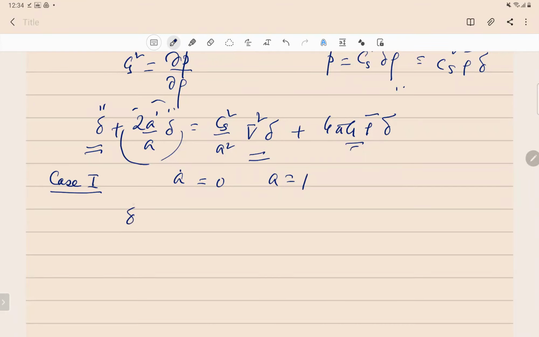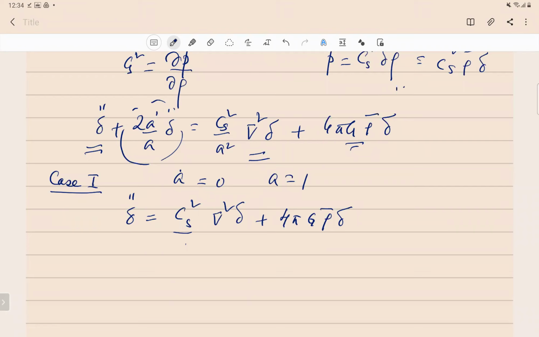Then what you have is delta double dot equals c square, a is 1, so it's just del square delta, plus 4 pi G rho bar. This is not cosmology. This is just a case study. It's basically the interaction of a gravitating fluid with pressure support. So what happens when a fluid which has pressure support undergoes self gravitation?